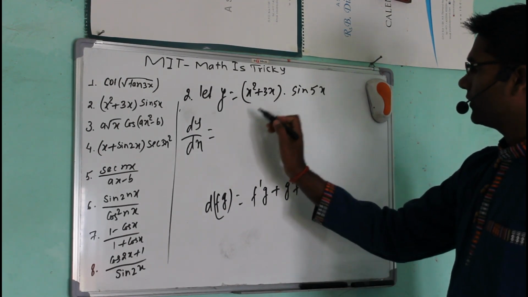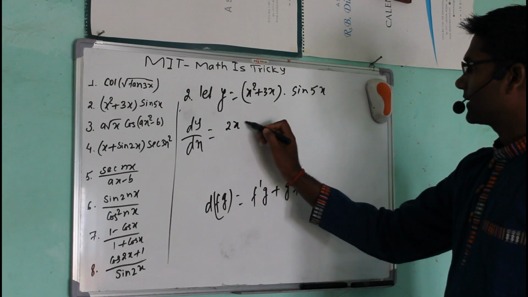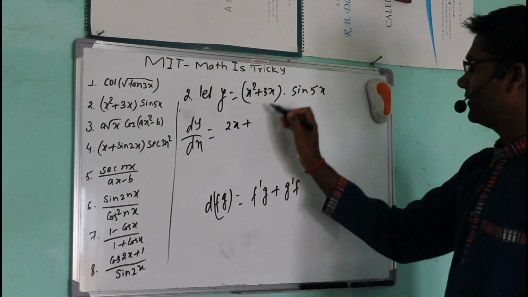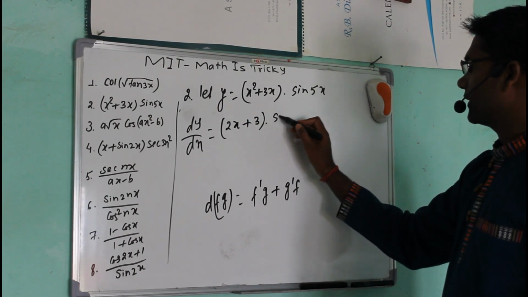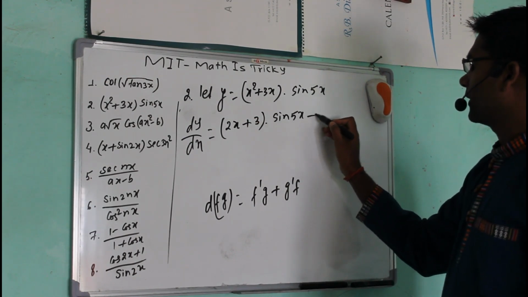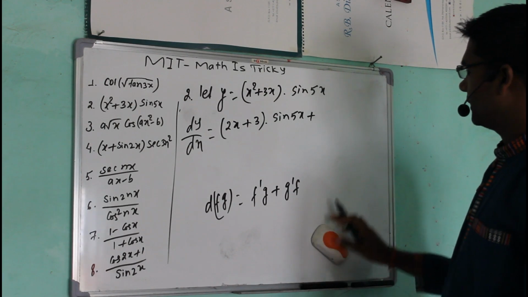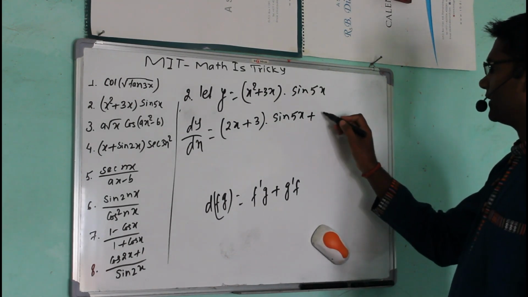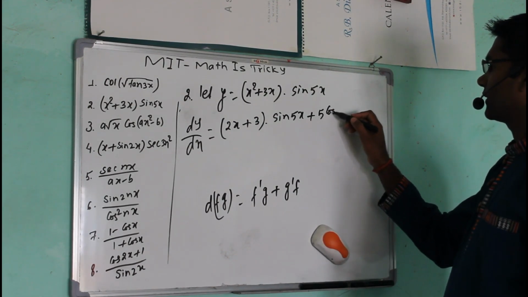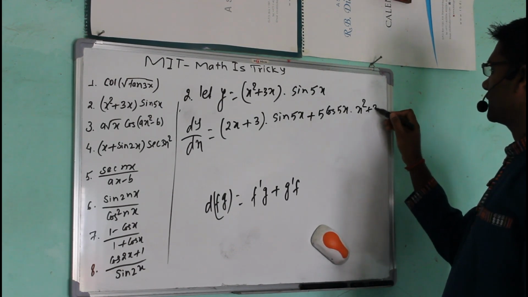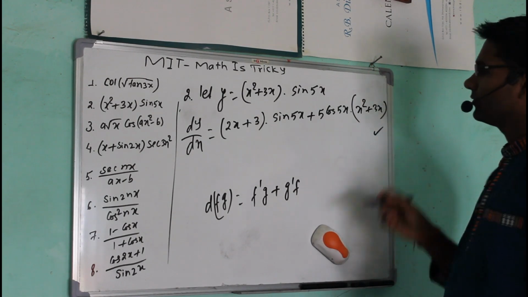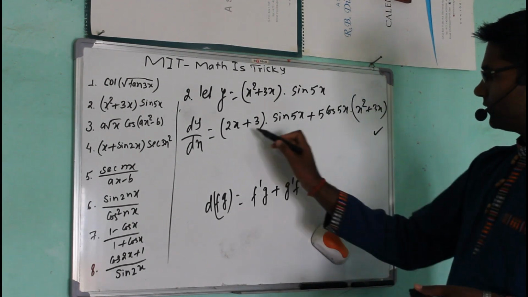So the derivative of the first will be 2x plus 3, derivative of first into second, plus the derivative of the second, which will be simply 5 cos 5x, into first. That's your answer.